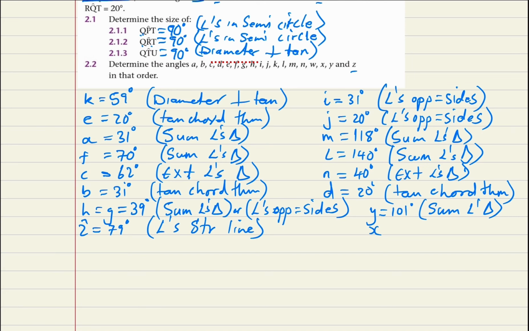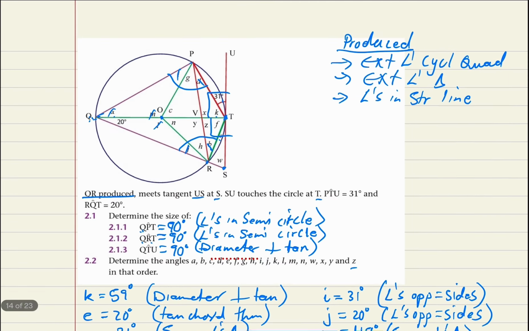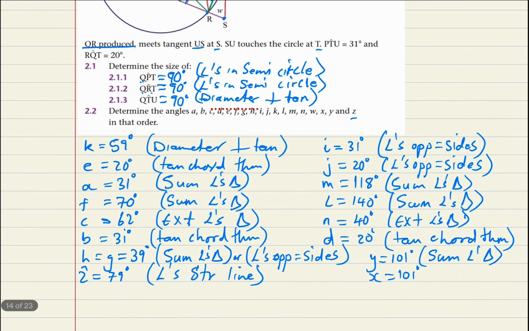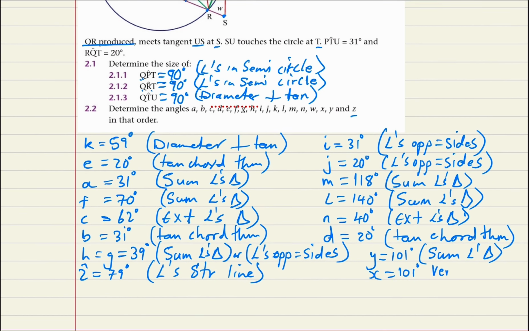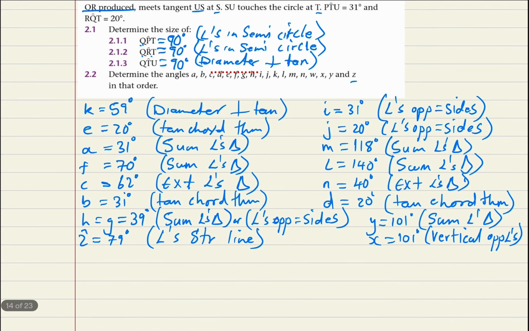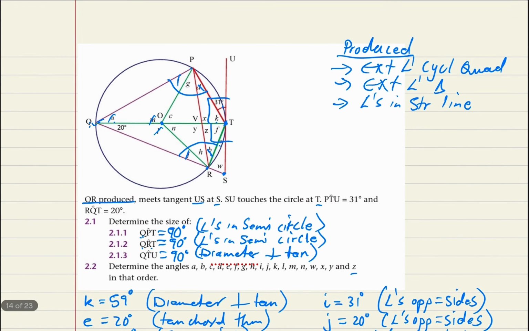So x is equals to 101 degrees. Why so? You can also use vertical opposite angles. Okay, so I found everything, guys, that was being asked for from that diagram.